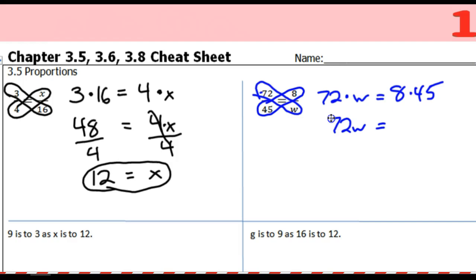Hold on, let me grab my calculator. 8 times 45 gives us 360. Again, we're going to divide by 72. And w equals 5.